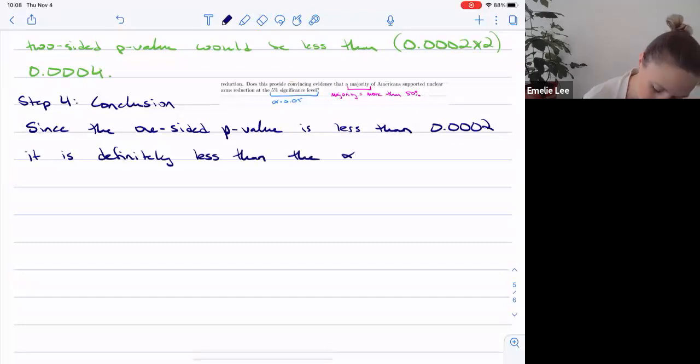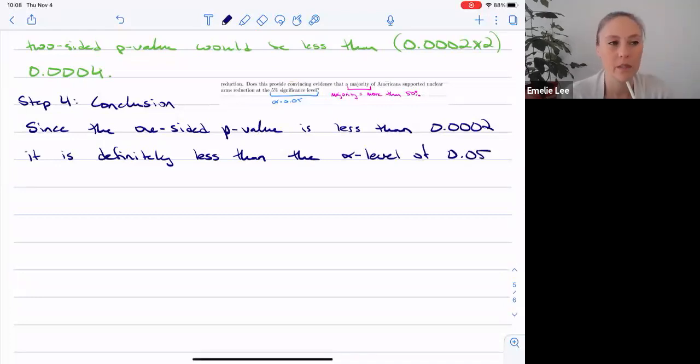Which means, since our P is low, we can reject the null hypothesis. It's got that nice ring to it: if the P is low, then the null hypothesis must go. Since this is so small, we have enough evidence to reject H naught.